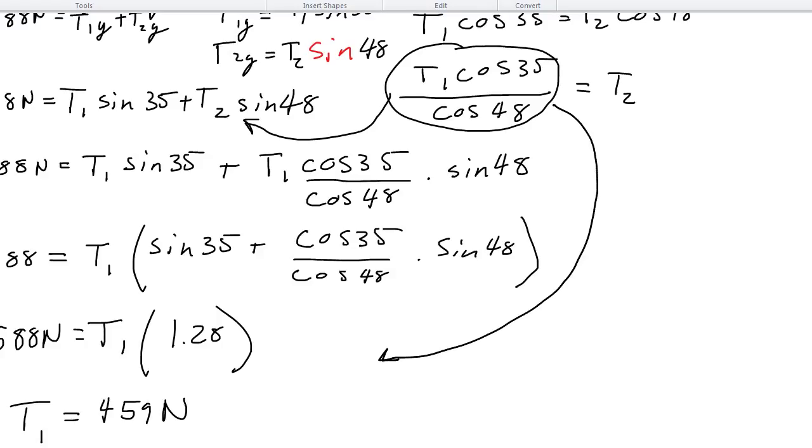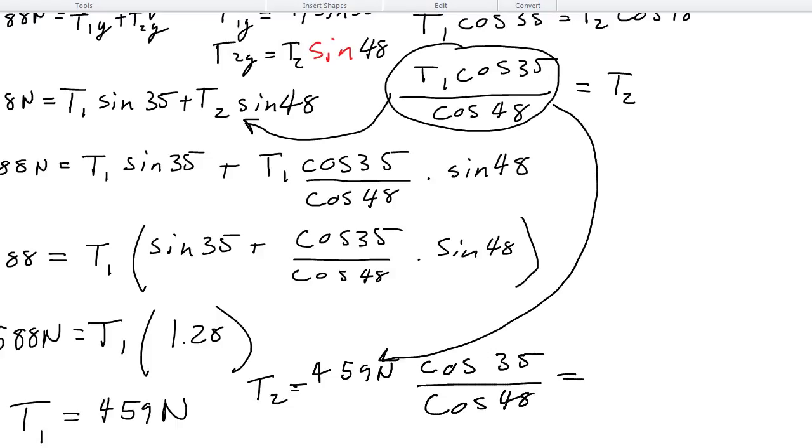And I can say that T1, which is 459 newtons, times the cosine of 35 divided by the cosine of 48 is equal to T2. Okay, and when I punch that into my calculator, I can solve for T2, and I get 561 newtons.